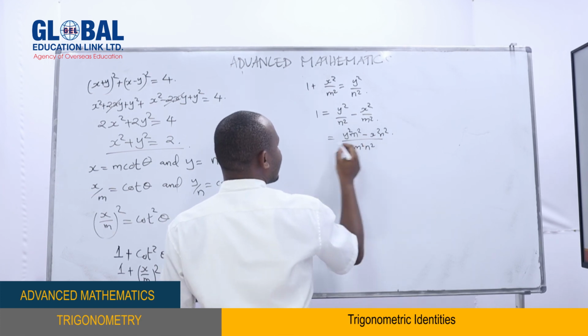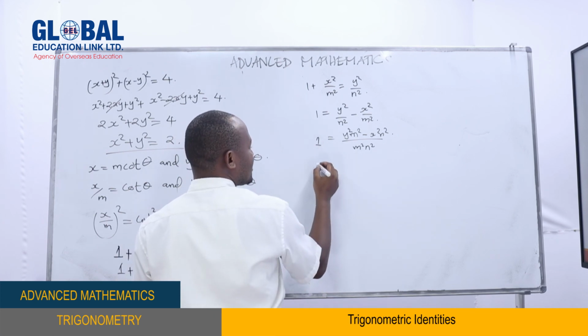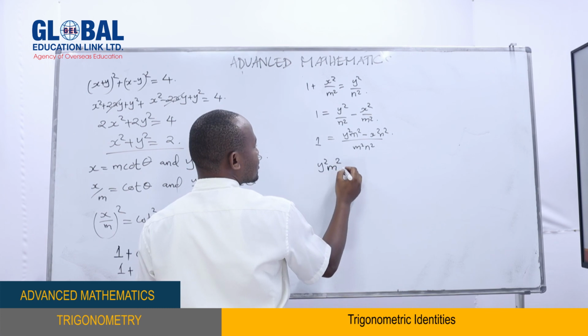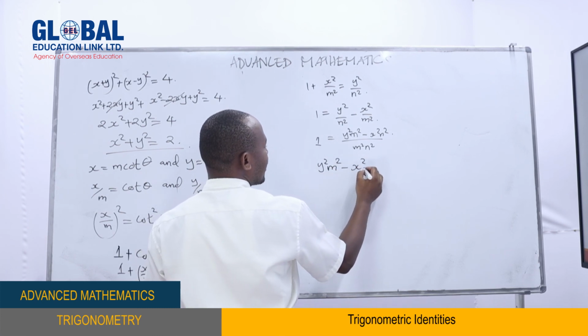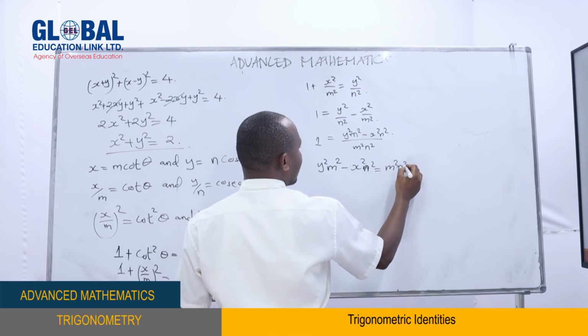I do hope you understand that. Multiplying it through, we are left with y squared m squared minus x squared n squared is equal to m squared n squared.